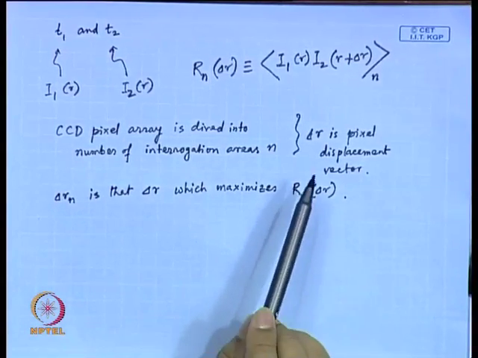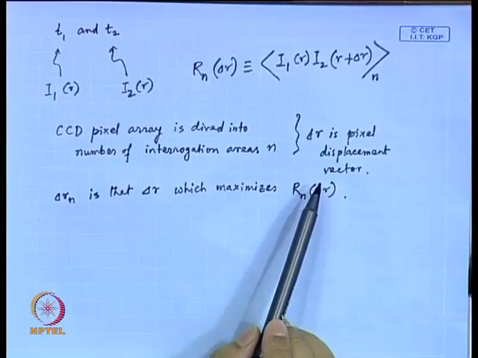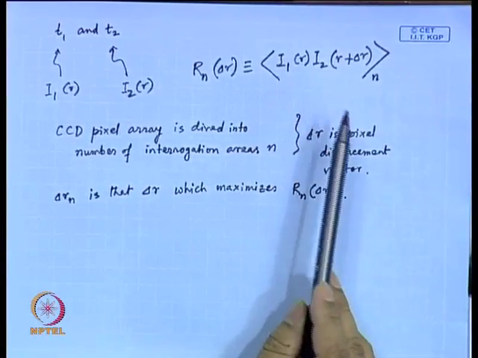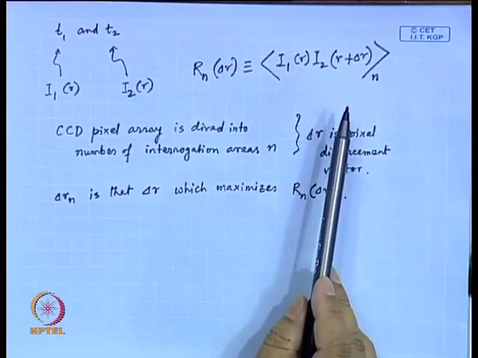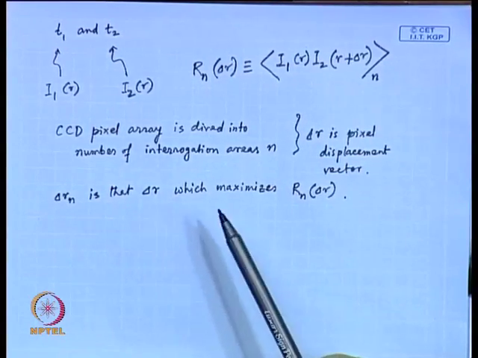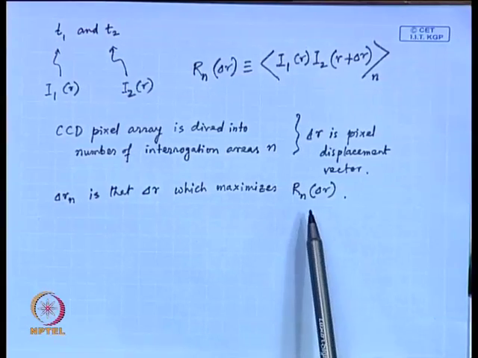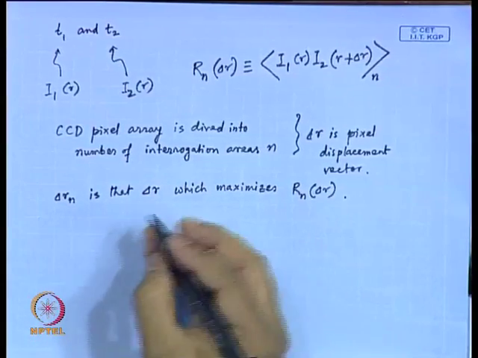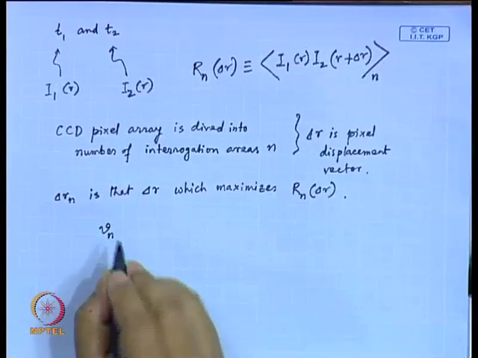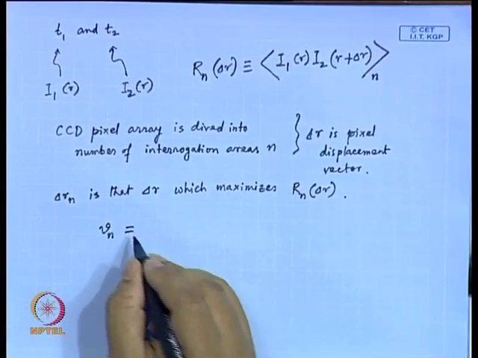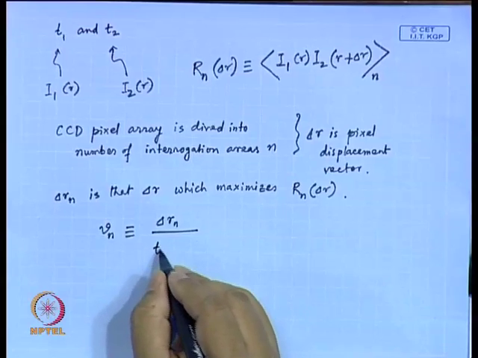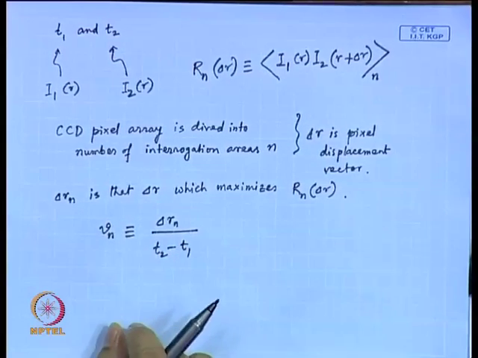So, you are picking up an interrogation area and calculating this cross correlation function, and then finding that delta r which maximizes R_N(delta r). Then you define velocity v for that interrogation area as delta r_N divided by t2 minus t1.